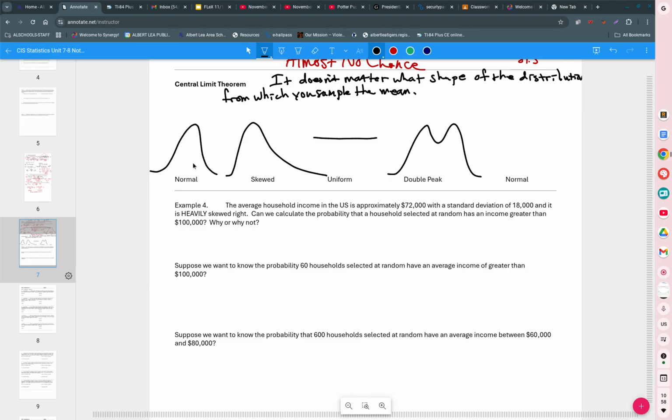Okay? This is not the case for proportions. This is not the case for everything. But when you're sampling a mean, it doesn't matter what the distribution is that you're pulling the mean from. As you take many samples, the distribution of the mean will be normal.